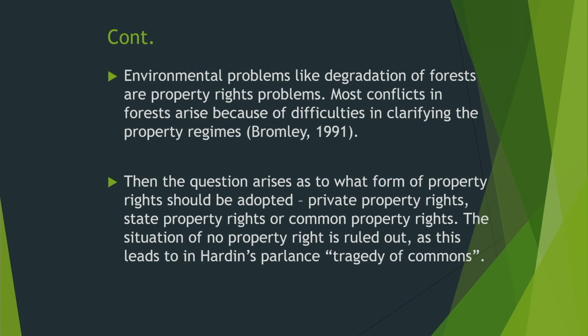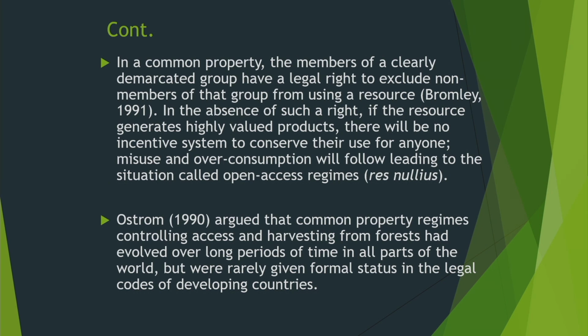The situation of no property right is ruled out, as this leads to Hardin's tragedy of the commons. Again, in common property, the members of a clearly demarcated group have a legal right to exclude non-members of that group or geographical area from access and use of the resources.